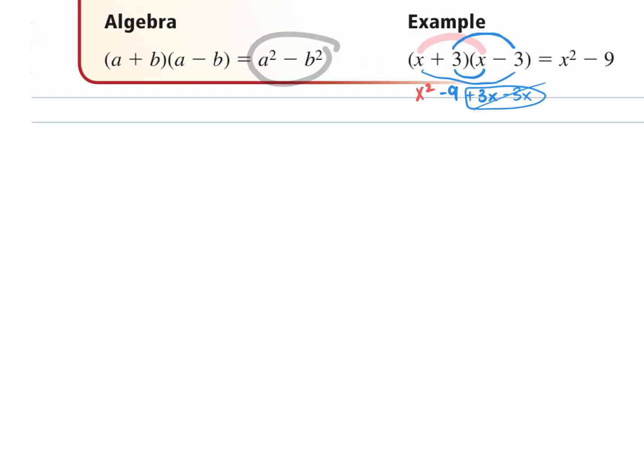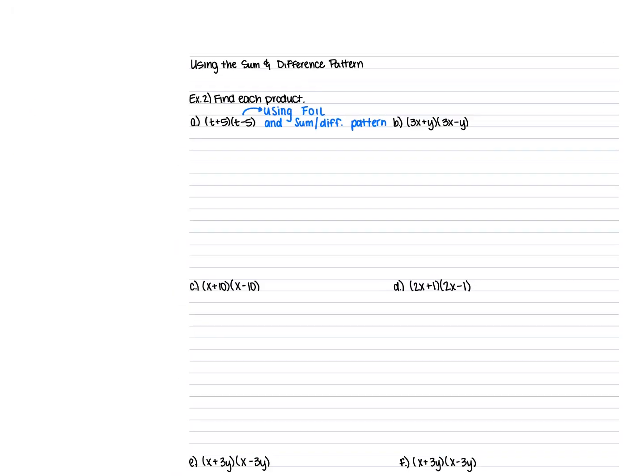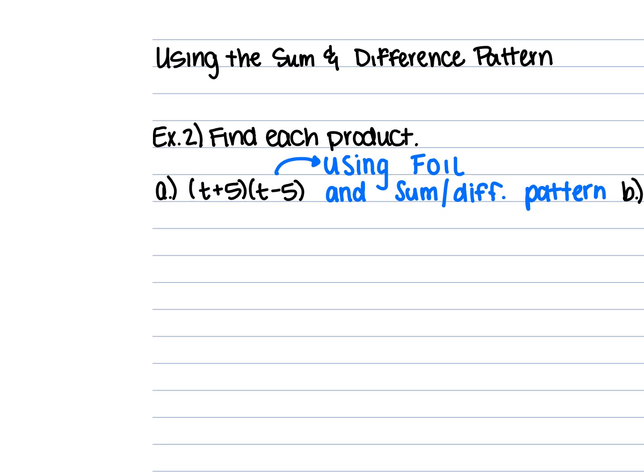Okay? So, in the next examples, we're going to FOIL the first one and use the sum and difference formula. And then the second one I'm only going to use the shortcut. So, for the first one, we have t plus 5, t minus 5. Let's FOIL it first. Someone walk me through the process of FOILing this. T times t gives you t squared.